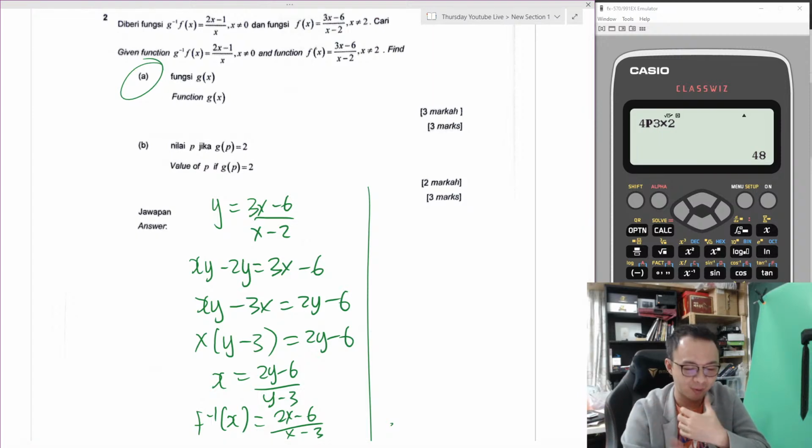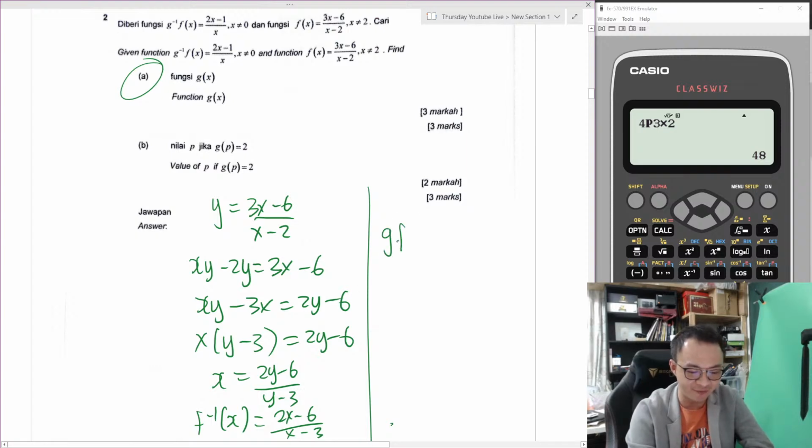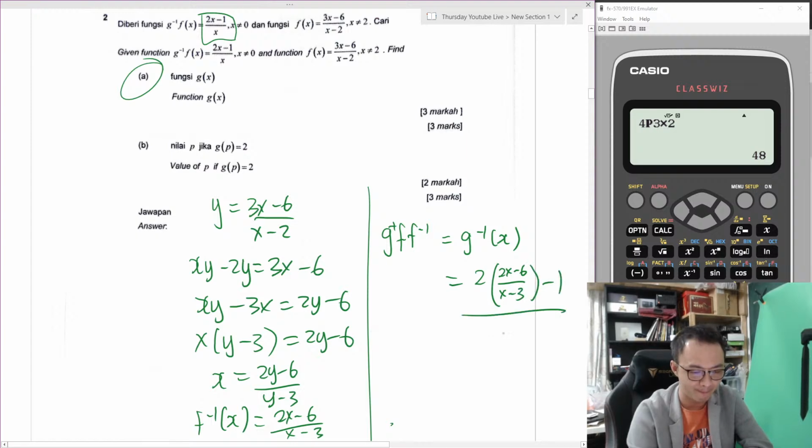So, okay, then what I will do is I will sub the f inverse into this equation. So I will actually get g inverse x. By doing this, I kind of need to change all the x into my f inverse x. Two x minus 6 over x minus 3.